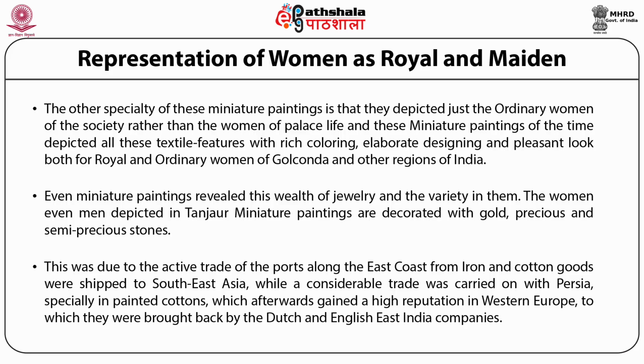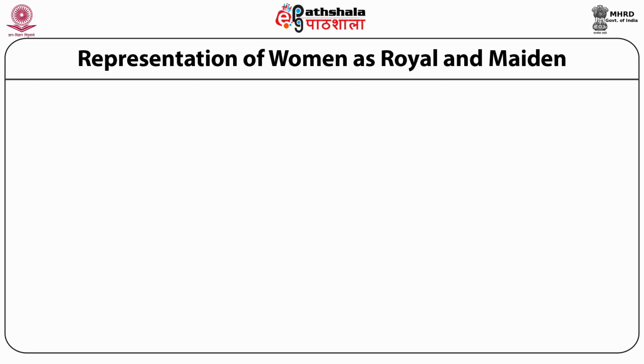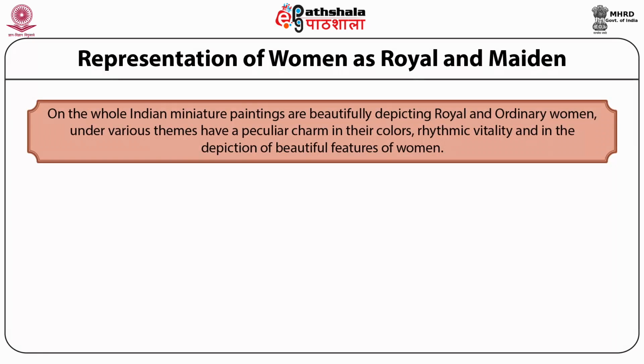This wealth was visibly apparent in the gold jewelry worn by women and men, but especially by the dancers and courtesans for whom Golconda was renowned. On the whole, Indian miniature paintings beautifully depict royal and ordinary women under various themes, and have a peculiar charm in their colors, rhythmic vitality, and in the depiction of beautiful features of women.